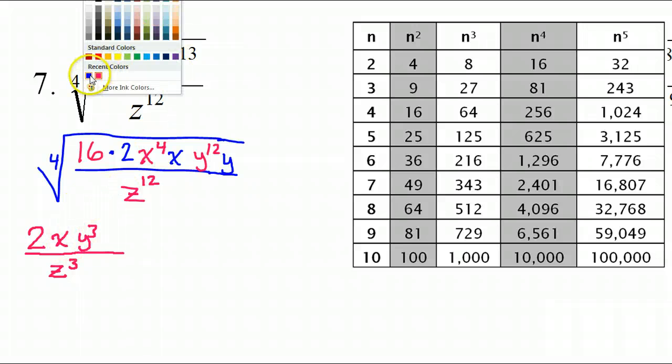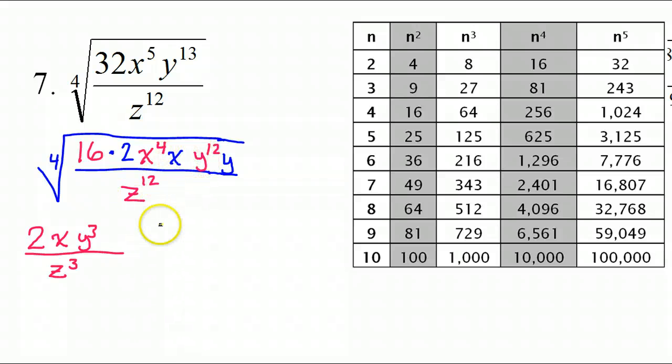Now everything shown here in blue is going to stay under the radical. Now, I'm not going to have a fraction. See how there won't be any denominator because the z came out? Because I'm not going to have a fraction, I really could put this entire thing up in the numerator with the 2x and y to the 3rd power. That's the best thing to do.